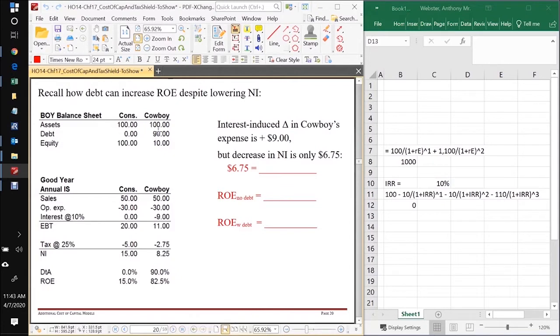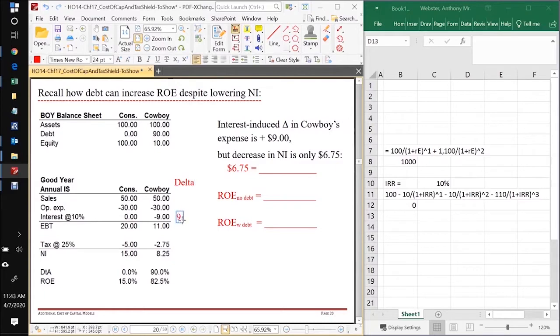And remember, we did see this. We didn't really know what we were doing so much or why at the time. But when we were looking at the Cowboys versus the Conservatives, when we were looking at financial leverage, when we were considering ratio analysis, we did actually see this effect. So let me just put in a new column here for us for delta.